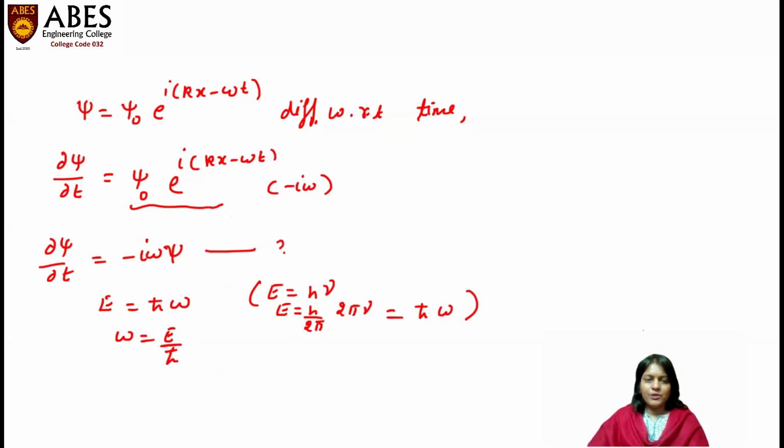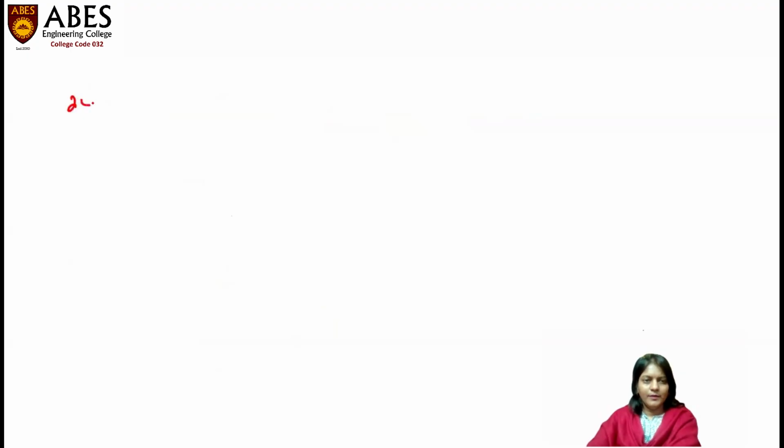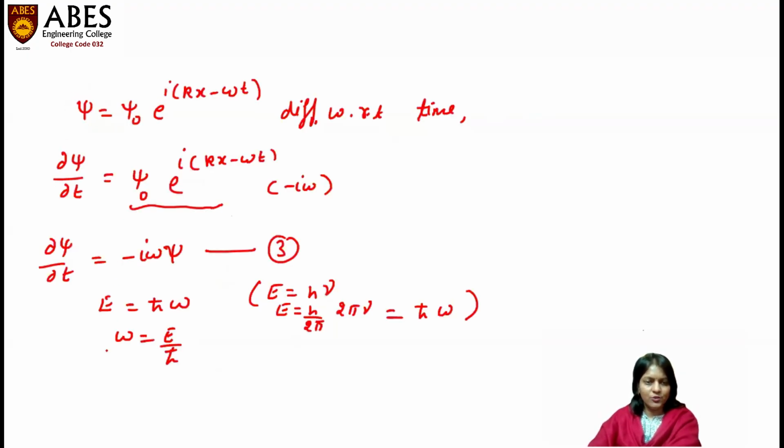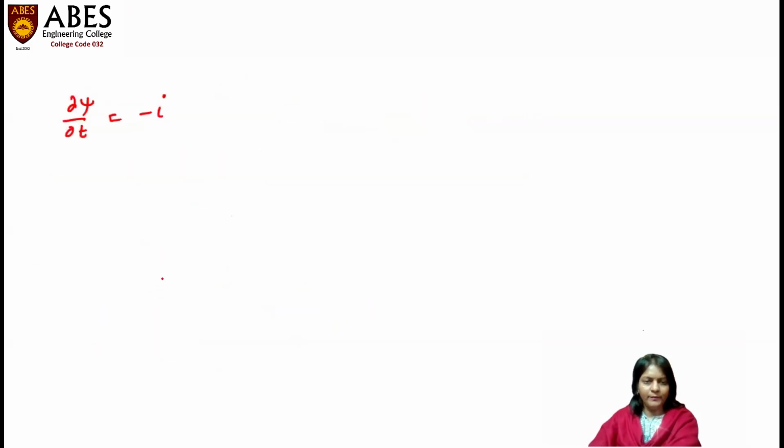So this is equation number 3. Put the value of omega here, it becomes del psi by del t is equal to minus i, in place of omega, I will put E by h cut, into psi.